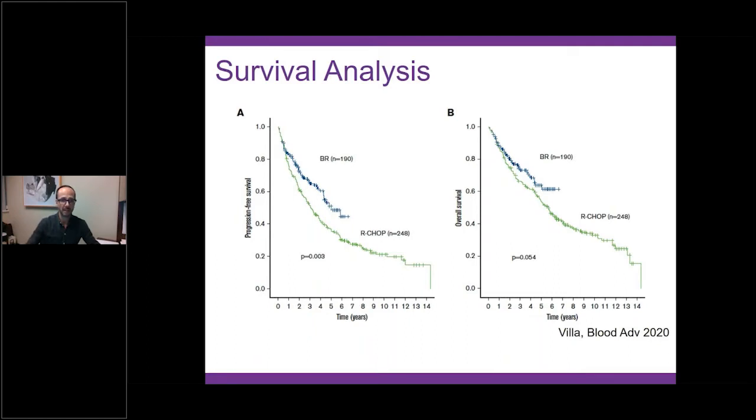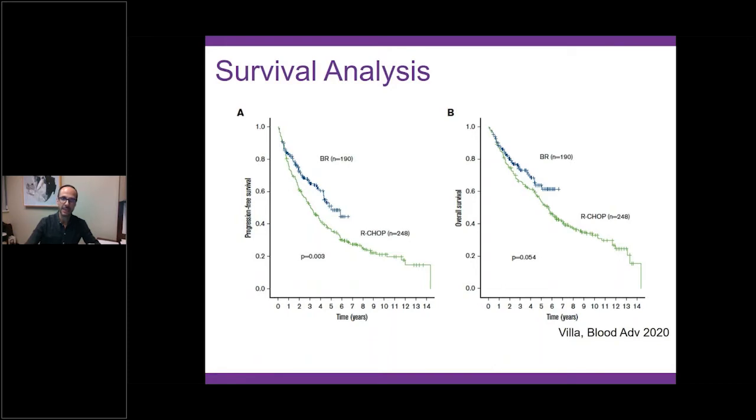These are plots of time on the x-axis and some kind of a measure of outcome on the y-axis. In panel A, we're looking at something called progression-free survival. In other words, how many patients getting a particular treatment are progression-free at any given time. And in panel B, I'm showing you overall survival, which I think is a little bit easier, which is basically what proportion of patients is alive.